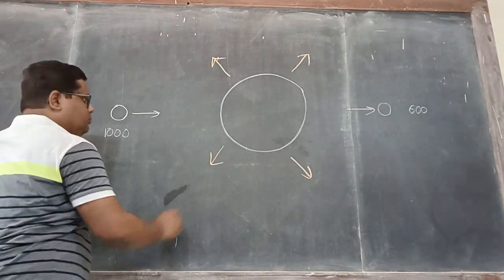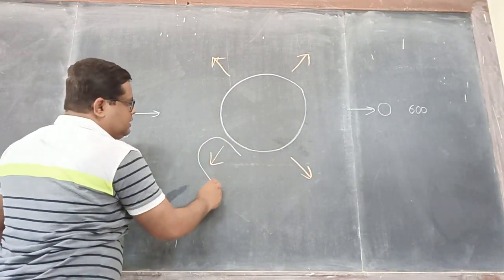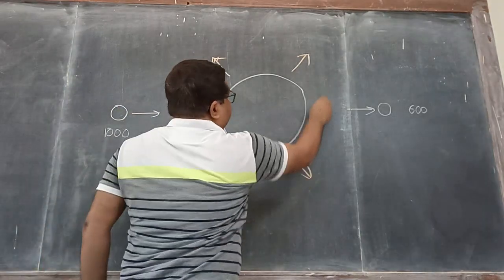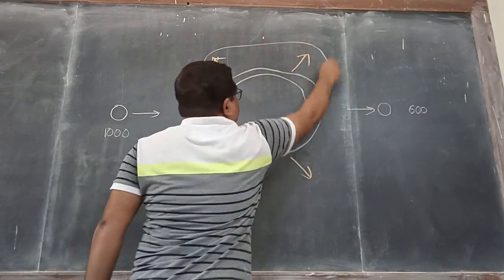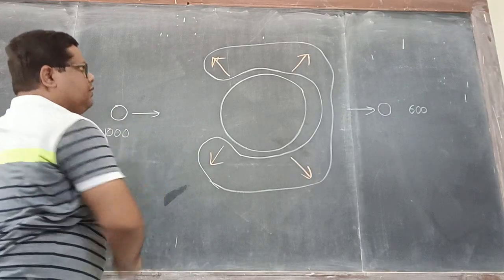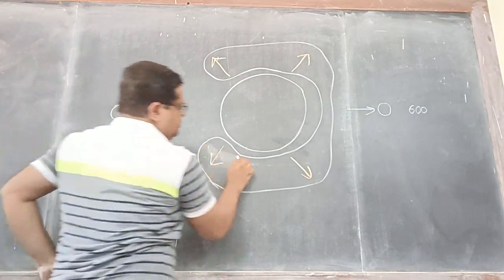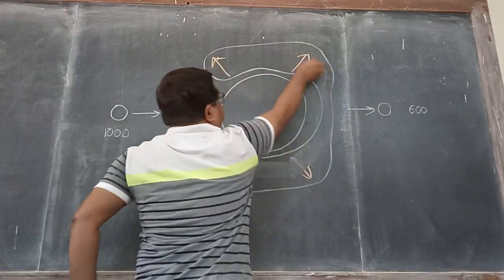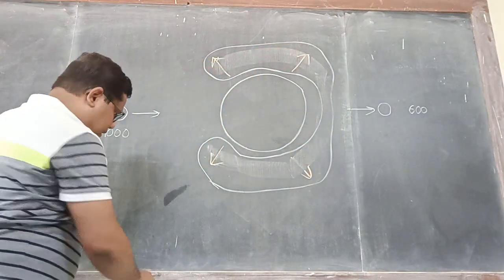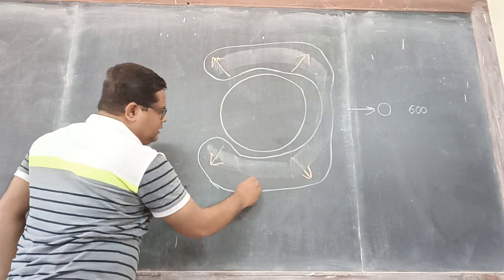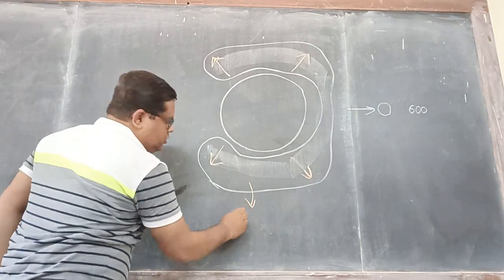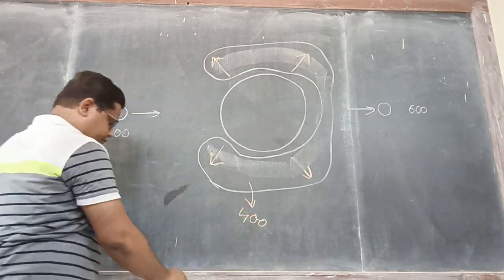So, if I sum up the numbers, I find that these other directions correspond to say 400.